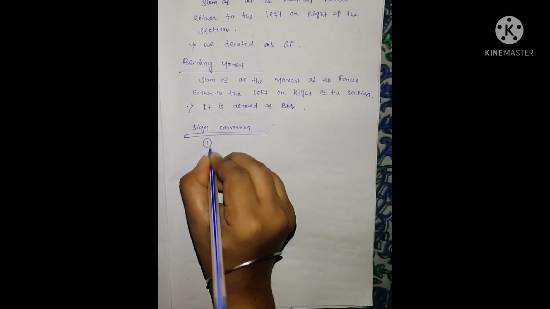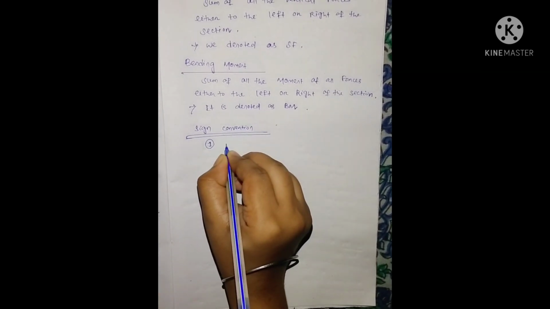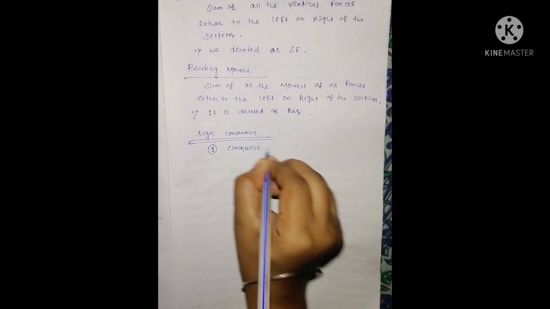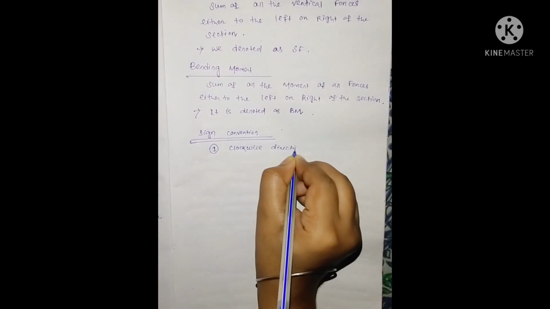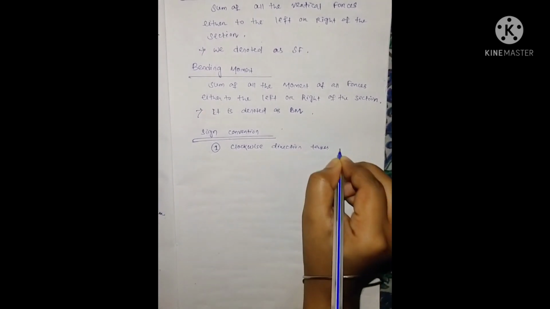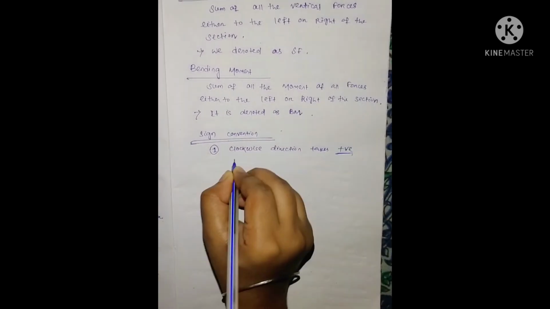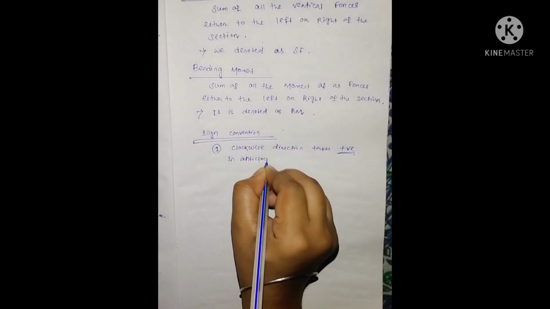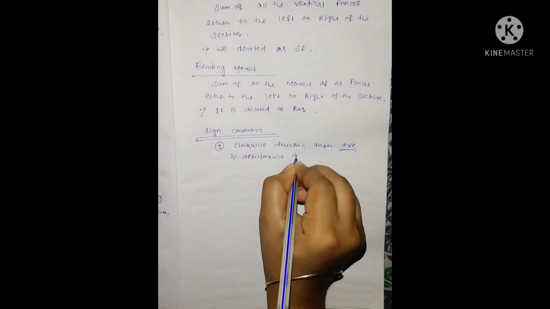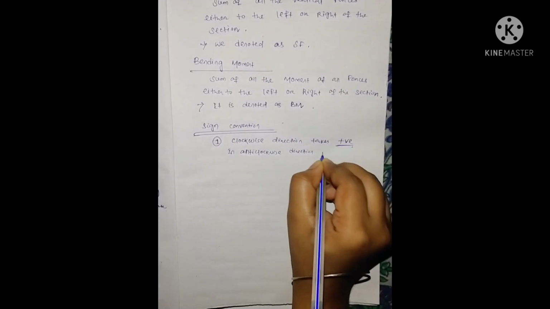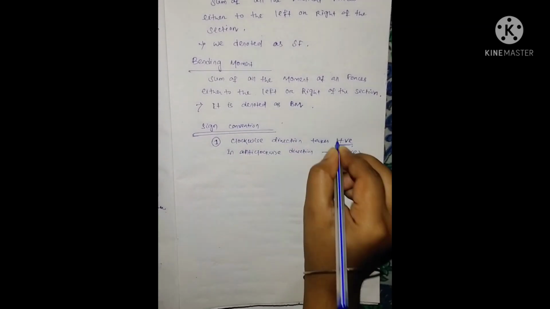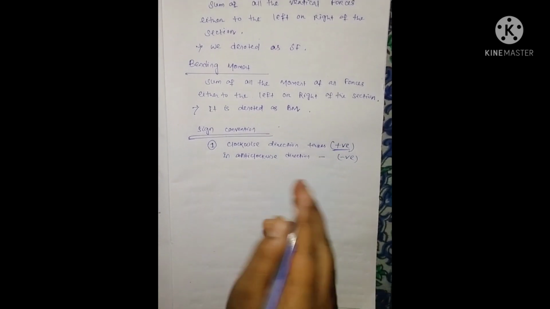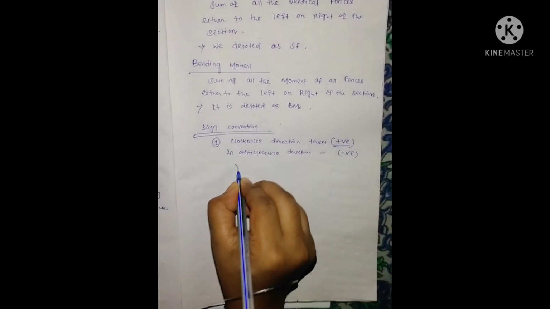First, just remember, clockwise direction is always taken positive. Anti-clockwise direction is taken negative. How do we know what is clockwise and anti-clockwise movement?